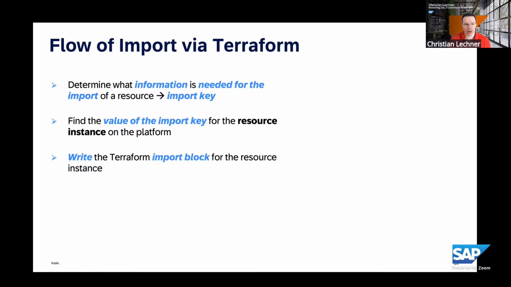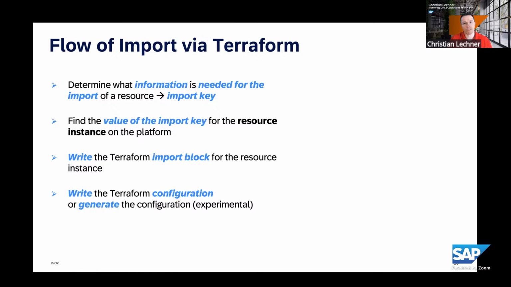Then you have to write a HashiCorp configuration language artifact that is called import block, which instructs Terraform, hey, I want to import a resource that belongs to this import key, and please put it to this address within my Terraform configuration. Once you have done that, there are two options. You either can write the Terraform configuration manually.